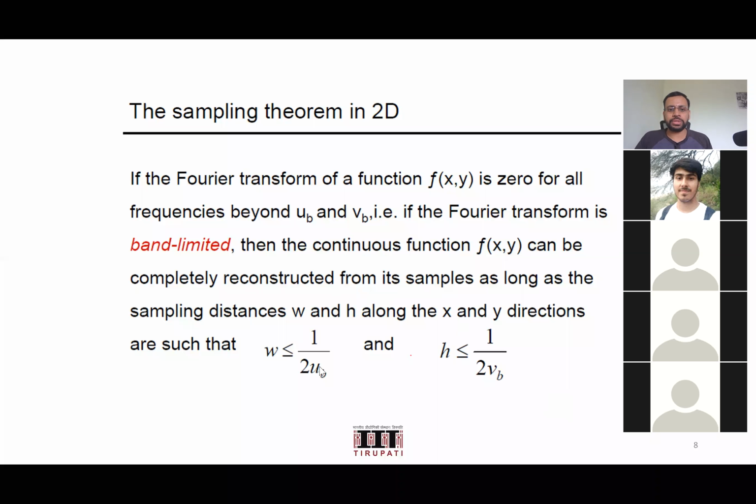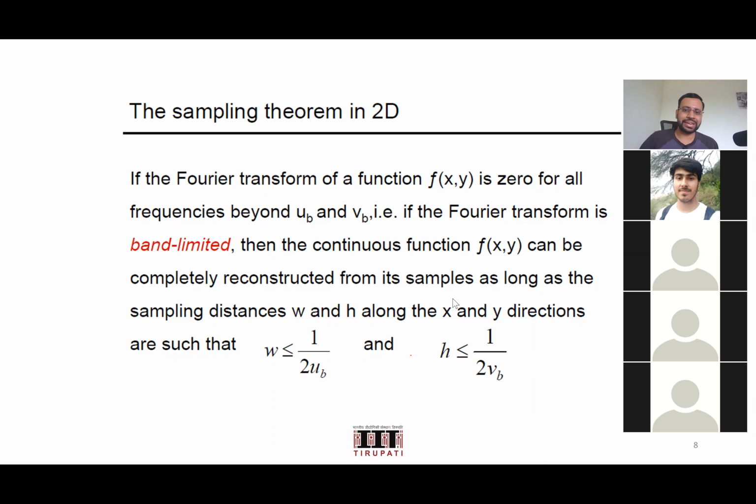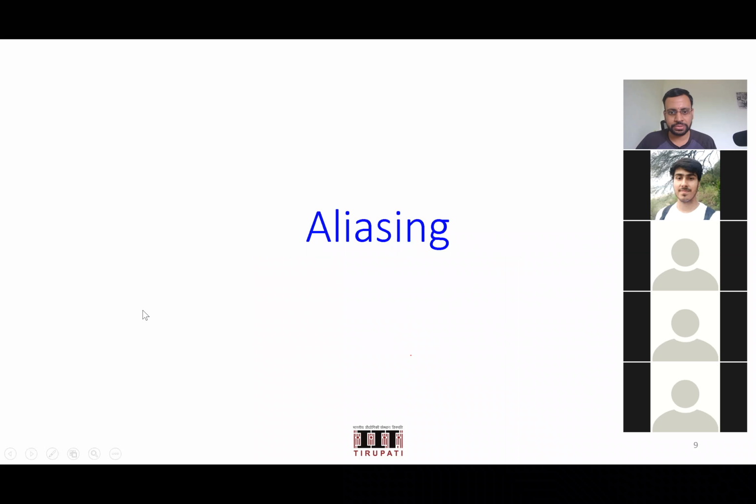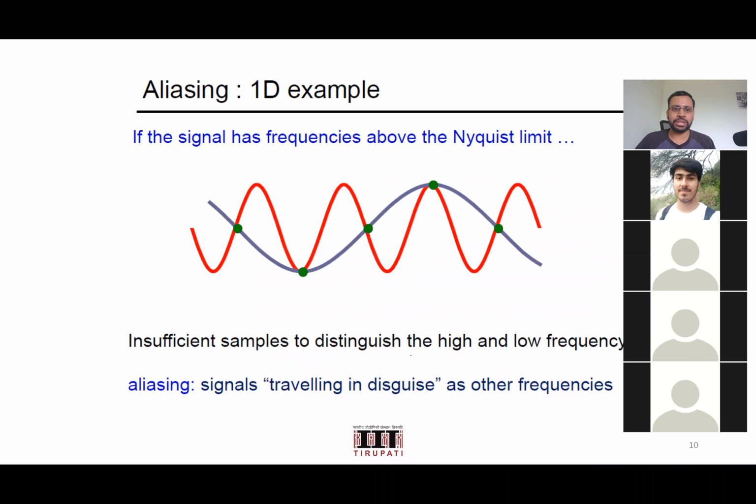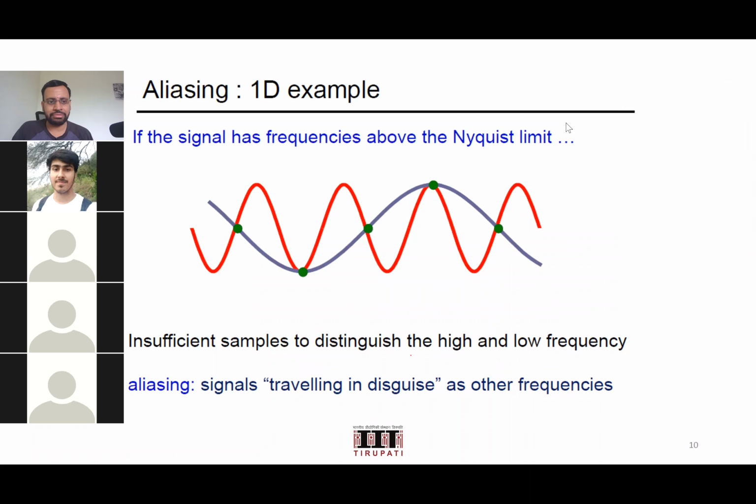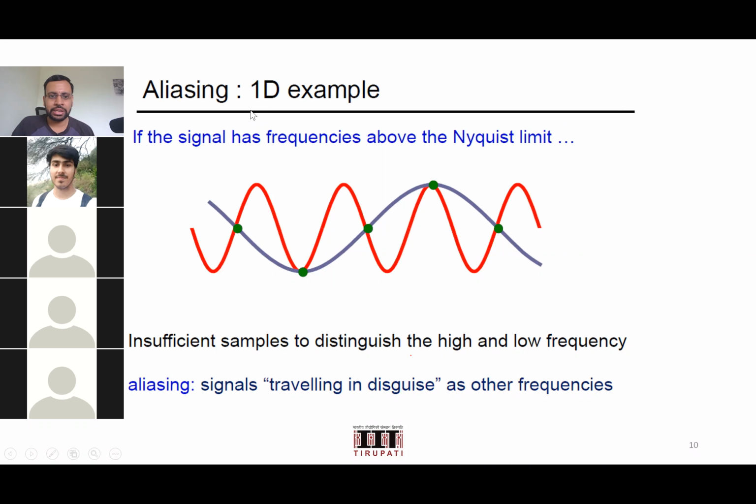Fine. So this is again the same theorem that we have seen for 2D, with slightly different parameter names and conventions here. Other than that, it is fine. Then this is another example of what could happen because of aliasing. Those who have done the DSP course have seen a very similar slide earlier.